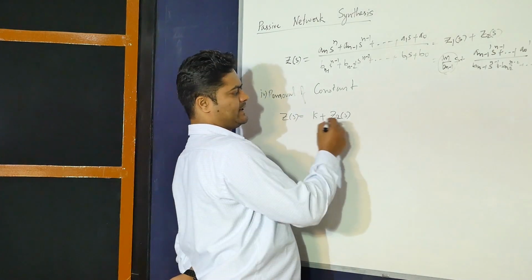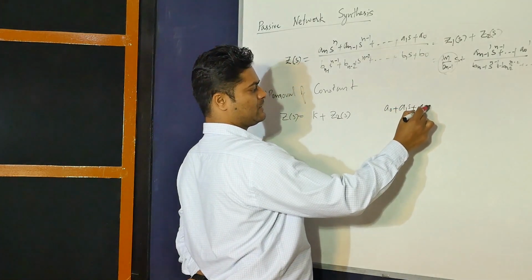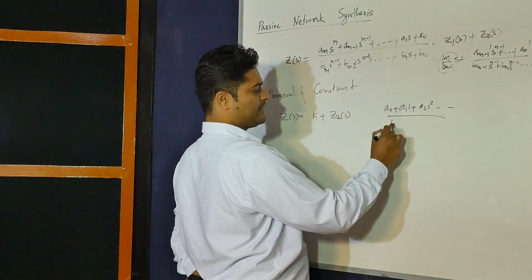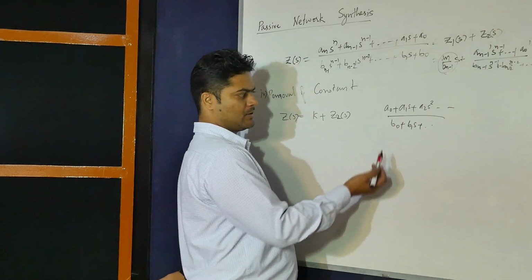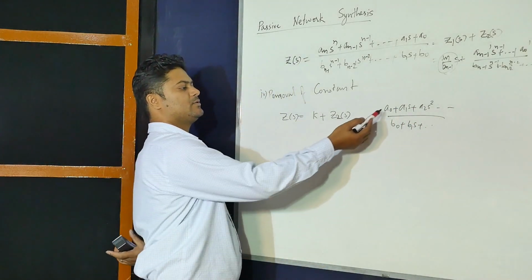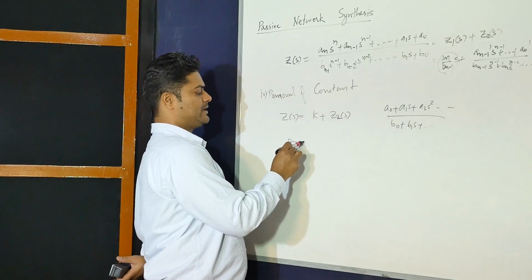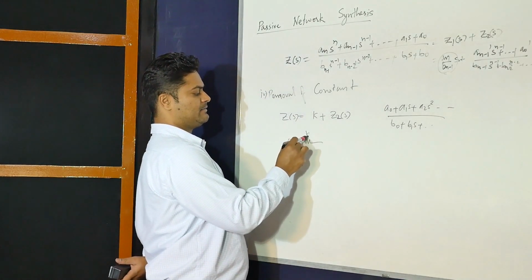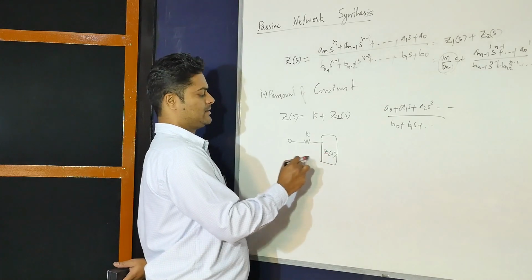Maybe z of s is in the form of a0 plus a1 s plus a2 s square and so on, with denominator b0 plus b1 s and so on. So a0 by b0 can be taken out first. There is no s term, so k is the constant. I can write that k as a resistance of k ohms, and we have z2 of s.